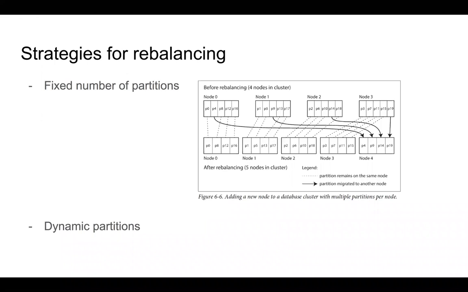Basically, the number of partitions in the cluster would remain the same. The important thing the author talks about is how we decide, when configuring our system, how many partitions our cluster will have.